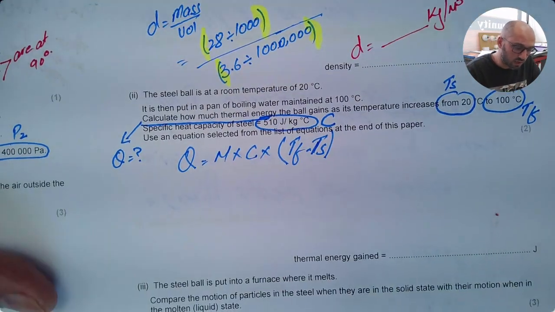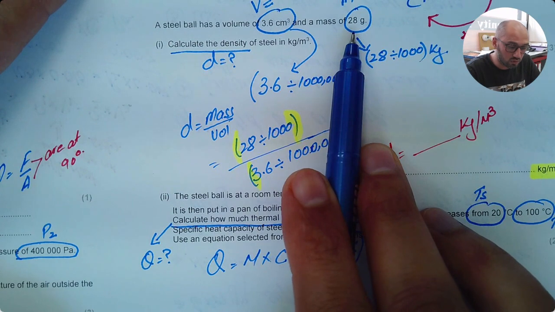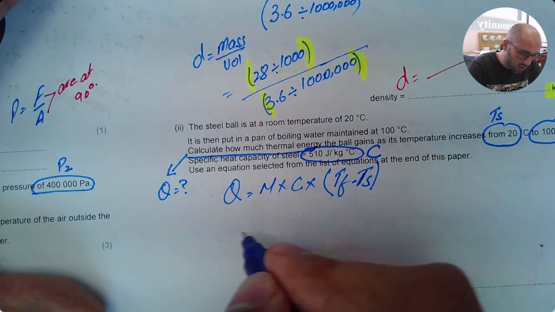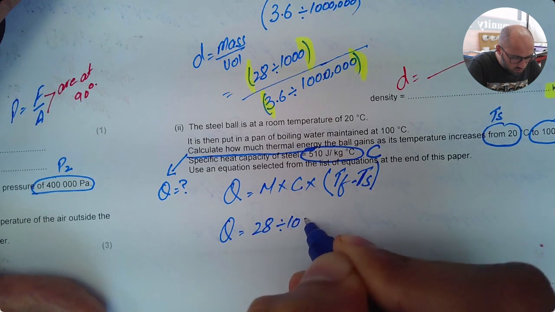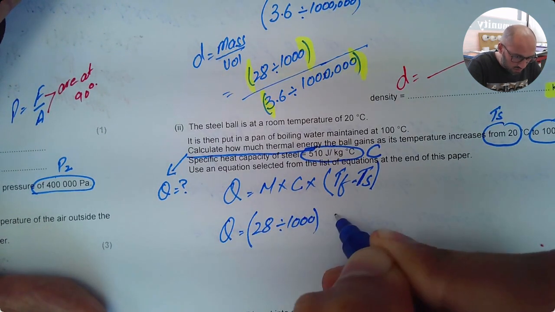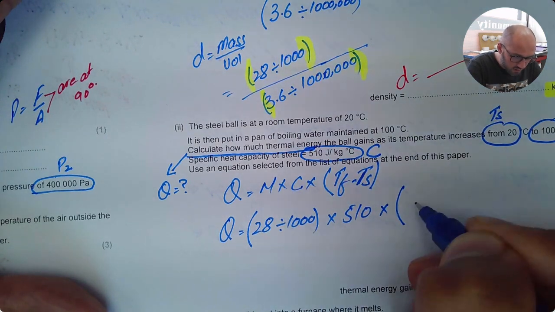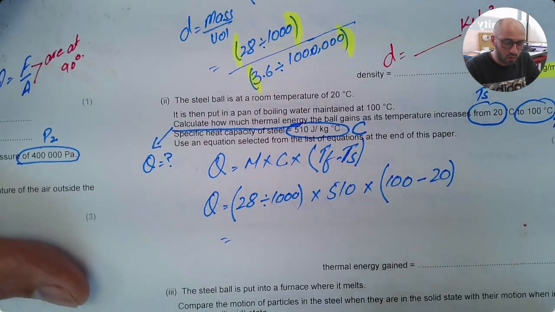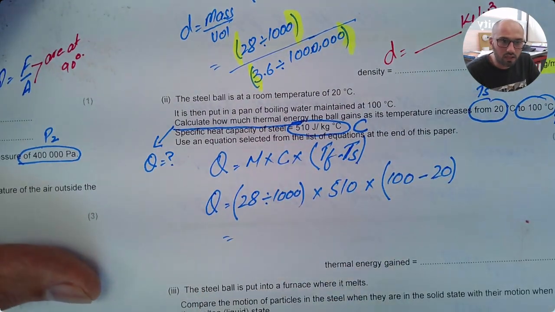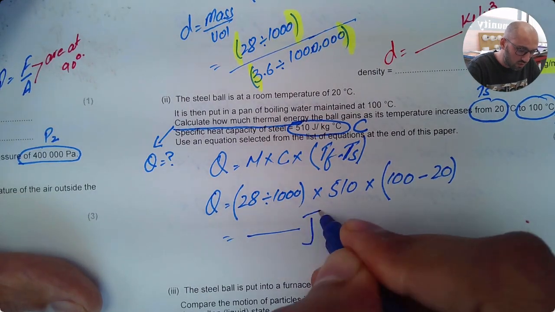So for this part, I'm still going to use this value, but I'm not going to use it in grams. I have to use it in kilograms. So Q is not known. I'll keep it 28 divided by 1,000 times 510 times T final, which is 100, take away 20. If you put it the way it is shown to you here in your calculator, you'll end up with a value of Q, and that will be in joules.